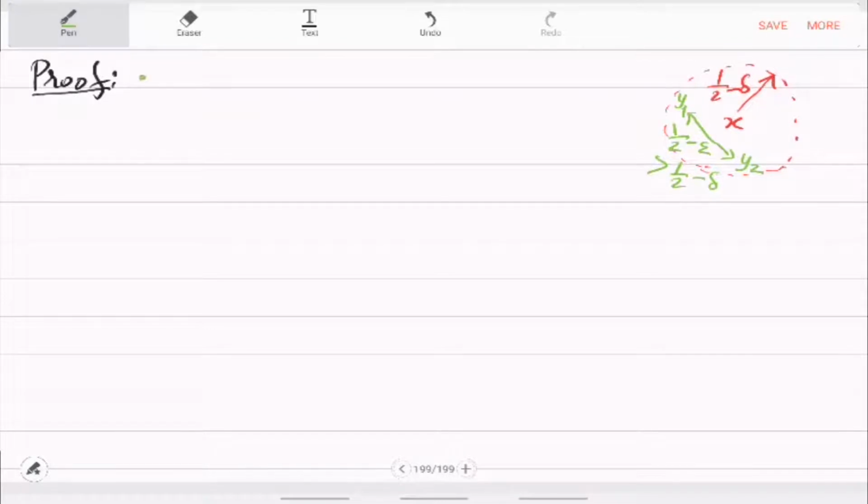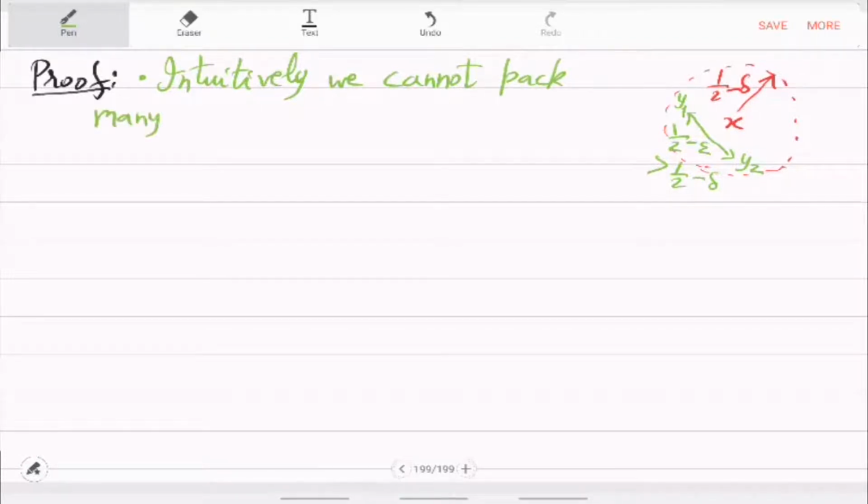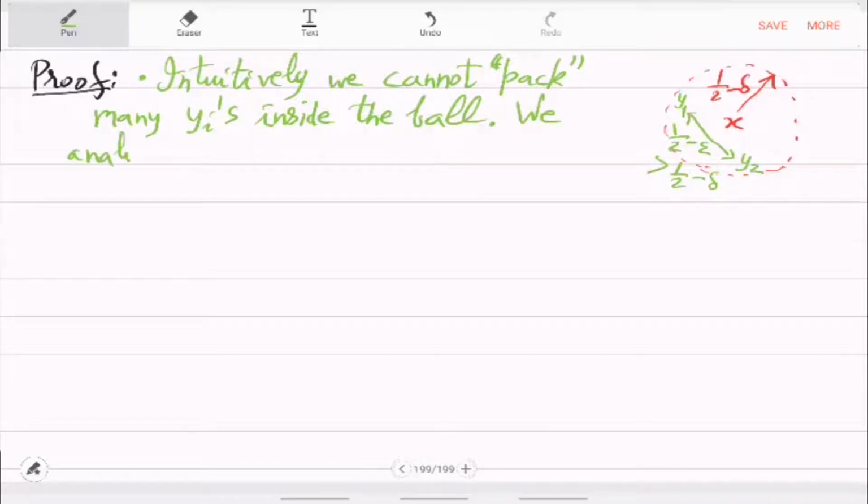So intuitively, we cannot pack many yi's inside the ball. And we will analyze this in terms of distances and inner products, so we analyze using inner product.